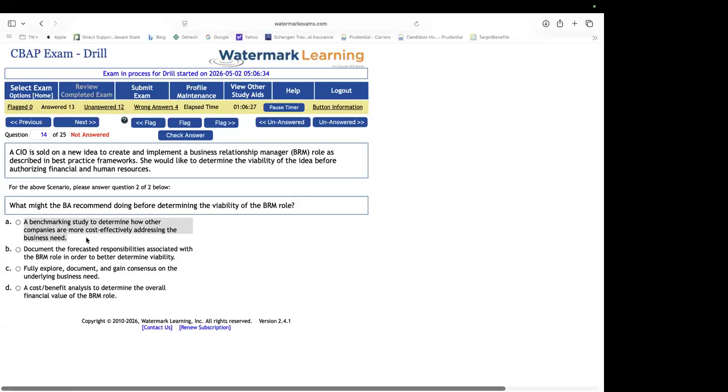So I would say it is very important to document the forecasted responsibilities so that you can go for another solution than implementing a BRM role.